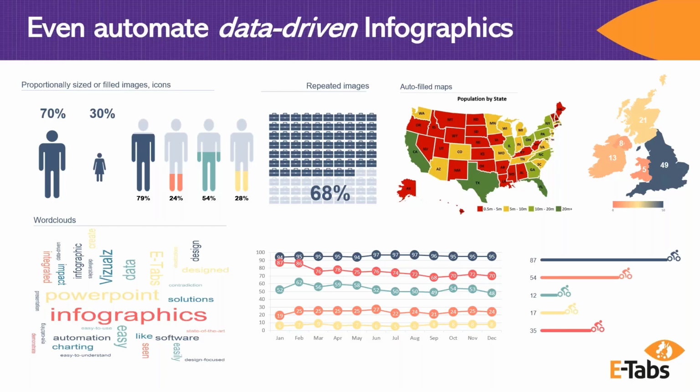Maps, for example, or other images that are filled with color for different regions within the map, within the image, based on value. Word clouds, picture graphs, and so on. So we can literally pull data into these automatically in exactly the same way as we do with traditional charts.